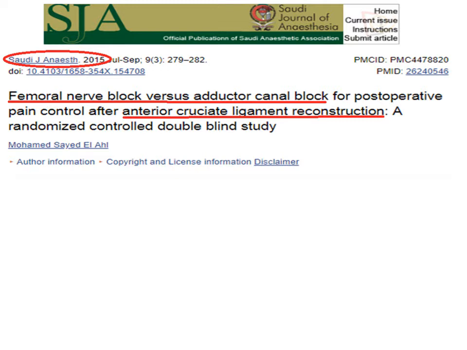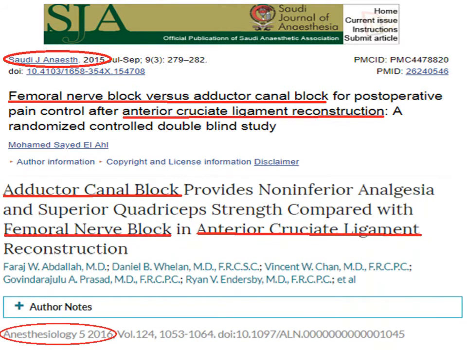The first one was published in the Saudi Journal of Anesthesia in 2015 by Muhammad Said Al-Ahl, and the second study was published in Anesthesiology 2016 by Faraj Abdallah from Canada.